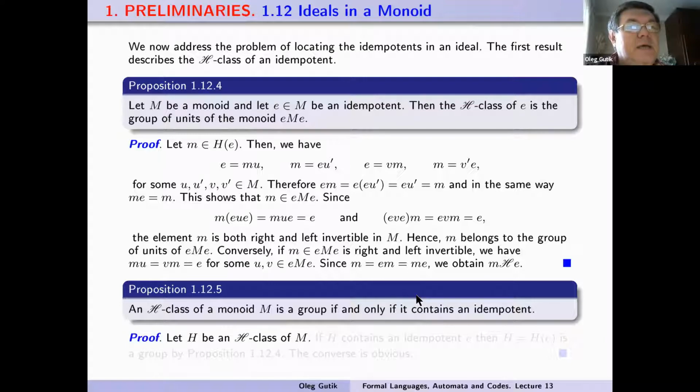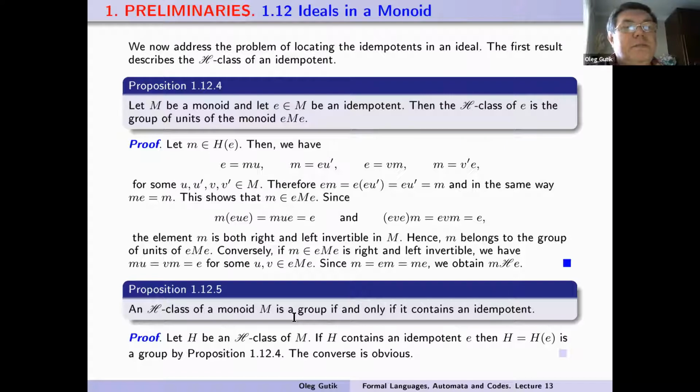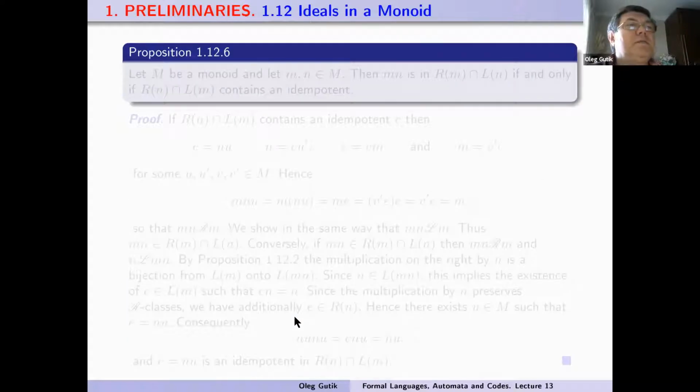Let H be an H class of the monoid M. If H contains an idempotent e, then H coincides with the H class of the idempotent e, which is a group by the previous proposition. The converse statement is trivial. This completes our proof.